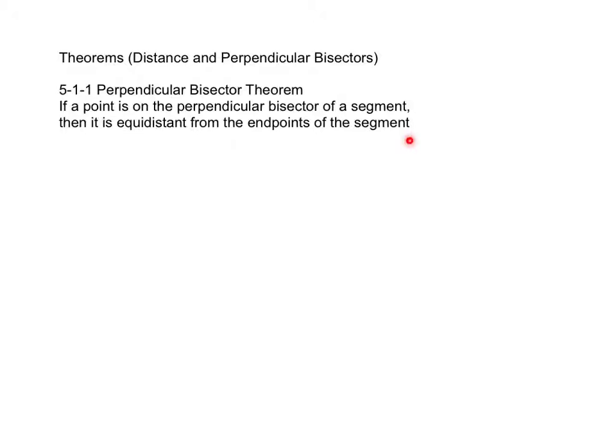If we have two points, let's say A and B. It says that we do have a segment, and so connecting these two points, let's draw a segment. And our perpendicular bisector theorem says that if a point is on the perpendicular bisector, so let's go ahead and draw the perpendicular bisector.